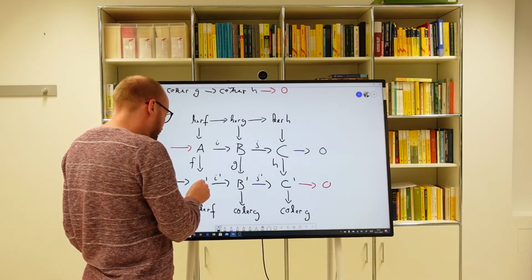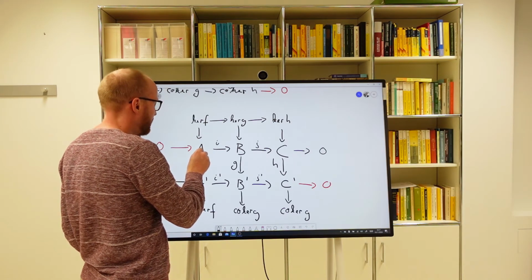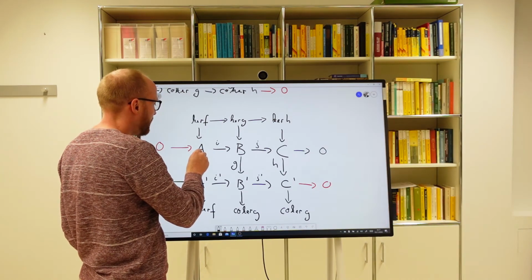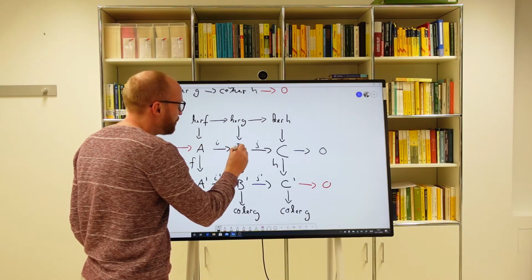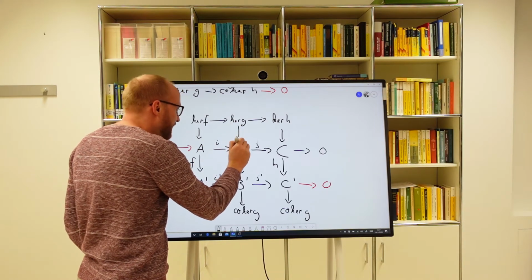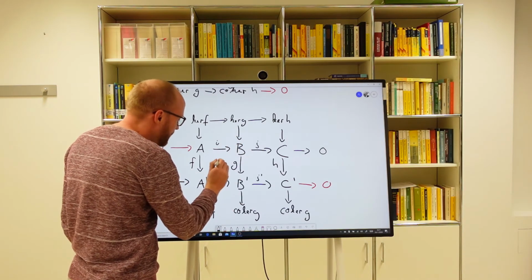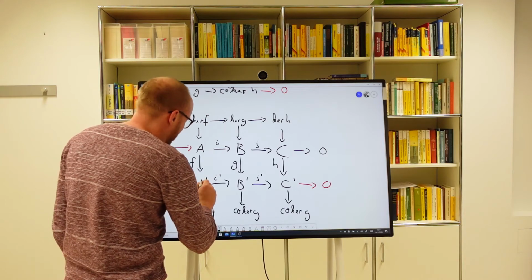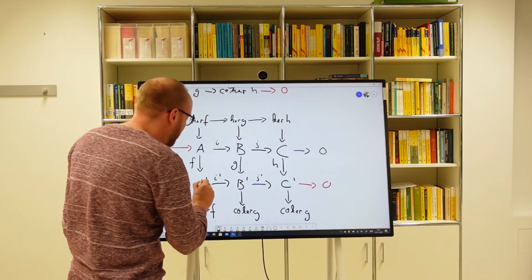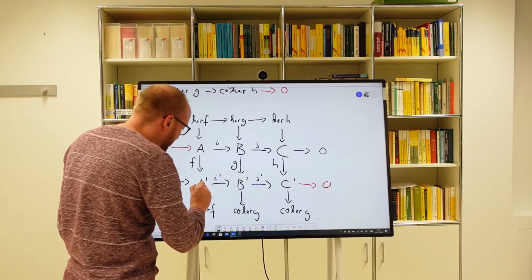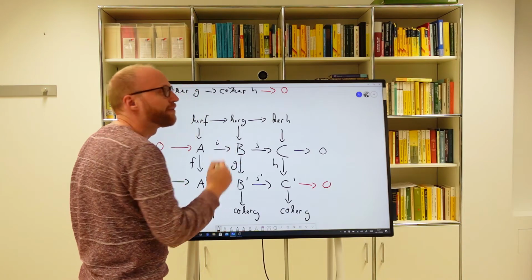Well, if I take an element in the image of F here, that means, well, I've got a lift here, got an element here which maps to that element, but then I can map that element via I to B, and if I map that element in B down by G to B prime, then by commutativity of the square, well, I end up at the element that I get if I, from the very start, had mapped that element in A prime by I prime to B prime.